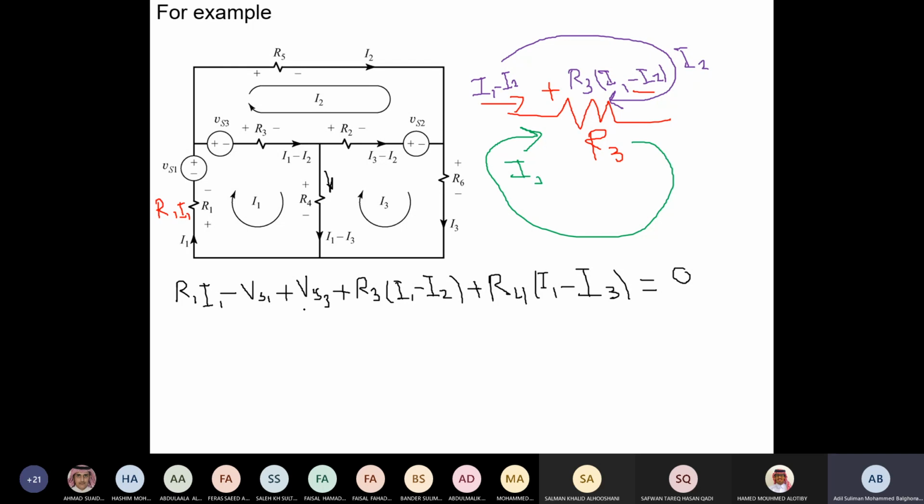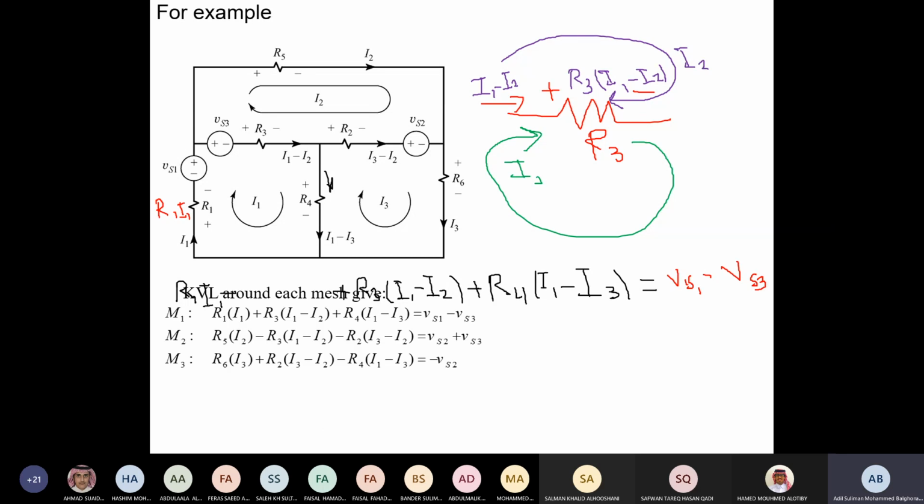I take this one, VS1, to the other side, and it will be VS1 minus VS3. Okay, and that's basically my equation. It's exactly this one, this equation.